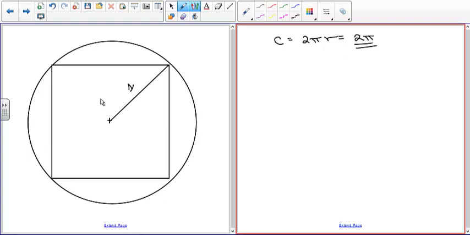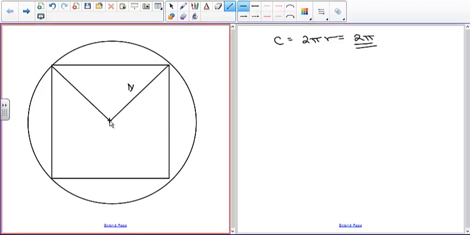So the simplest figure that would give us an underestimate of the circumference would be to take the square and figure out what the length of each one of these sides is, and then add them together.